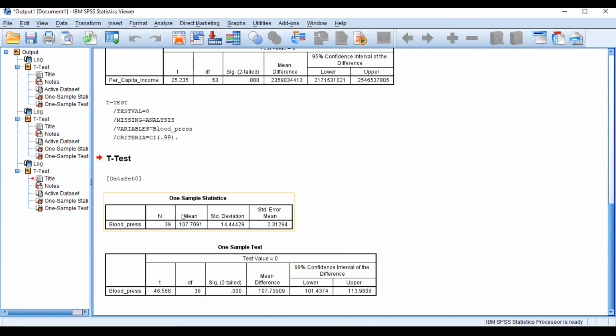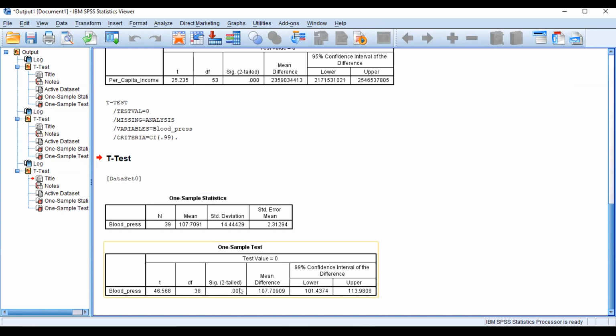Our null hypothesis was that they were statistically equal to 120 BP. But as we rejected this null hypothesis, it means the blood pressure of the people from the sample we have chosen is not equal to 120 mm. Because it is two-tailed, we cannot say whether it is less or high.